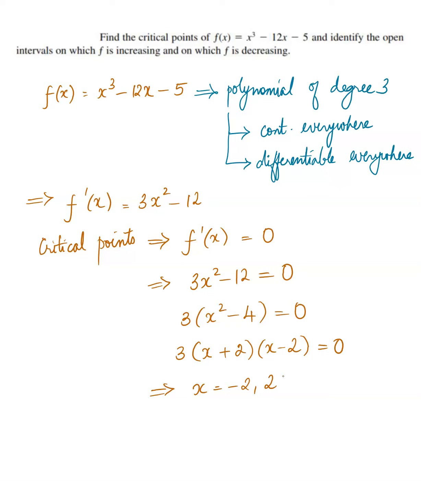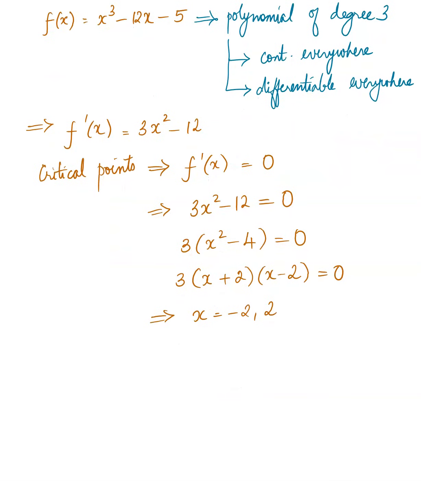Now this helps us to split up our interval because we said it's continuous everywhere throughout the domain. So we can now draw our number line and split it up based on these critical points. Okay. So these critical points will tell me that at -2 and at 2, we have kind of a split happening.